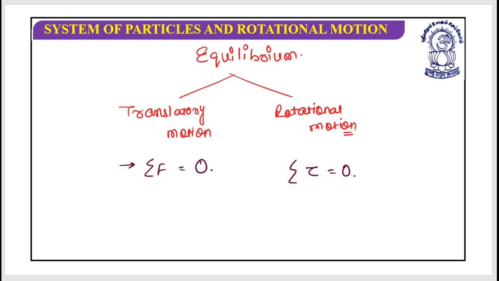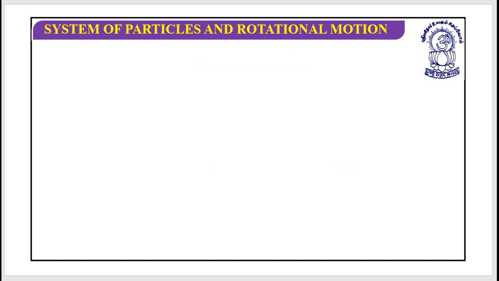Is it clear? So let's look at the questions, how the questions have been asked, and how we can deal with them. Let's suppose a rod is there, and it has been provided a support at its two edges.